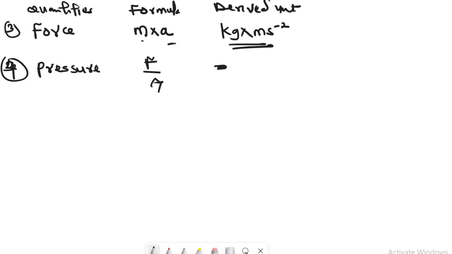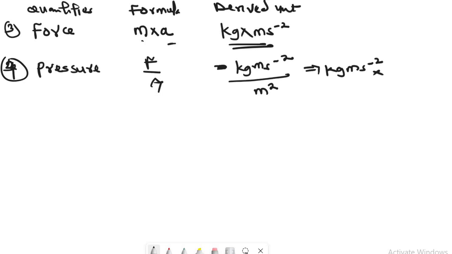Don't use Newton at all. Newton is not a fundamental unit. It's not SI based unit. So in this case, force will be expressed as kilogram meter per second square divided by area is measured in meter square.